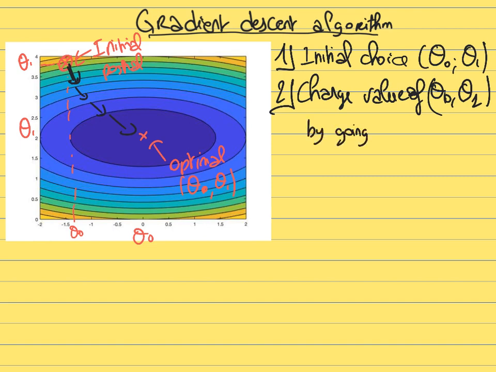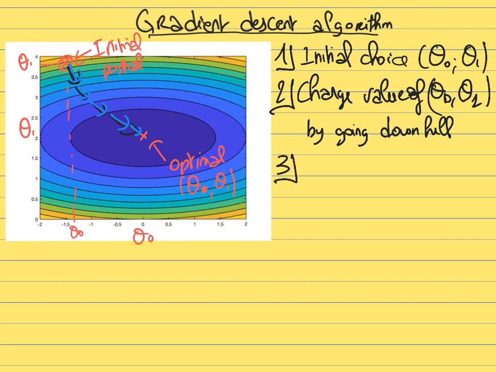We are going to see what this means, but you are always going in a direction that gives you the lowest altitude, the lowest value of the cost function in this case. And you are going to repeat this step by step, always going in the downhill direction until you find the minimum.